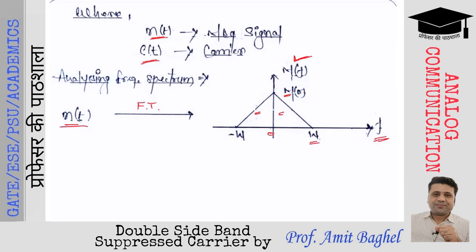The message signal will have a bandwidth equal to W. So this is our message signal in the frequency domain.